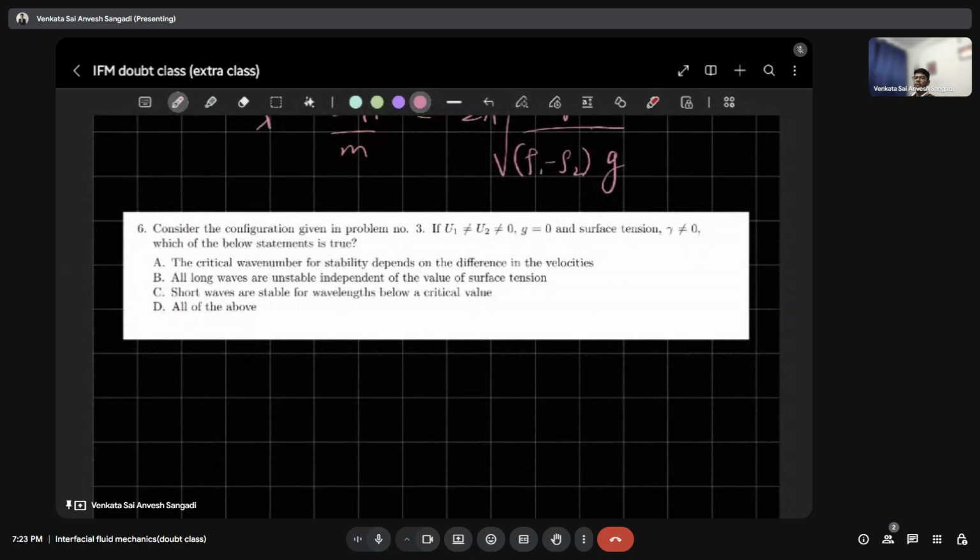Consider the configuration given in problem 3. If U1 is not equal to 0, u2 is not equal to 0, g is equal to 0, and surface tension is not equal to 0, which of the below statements is true?